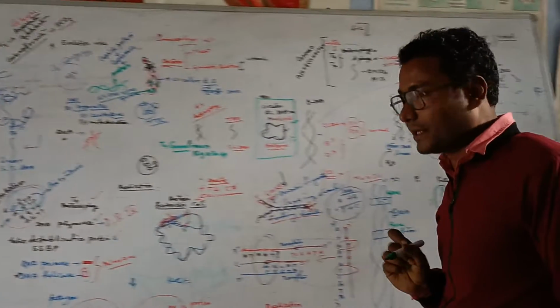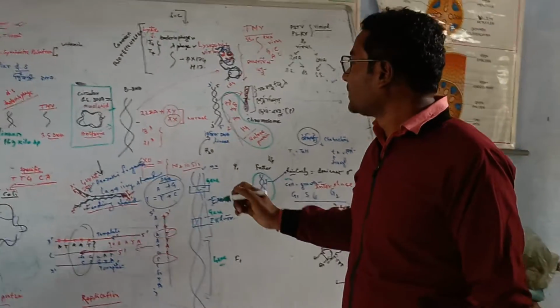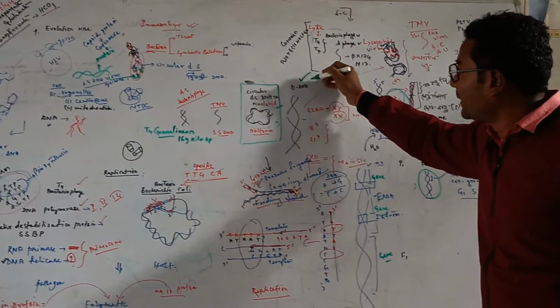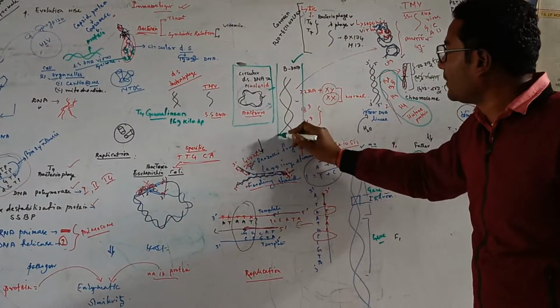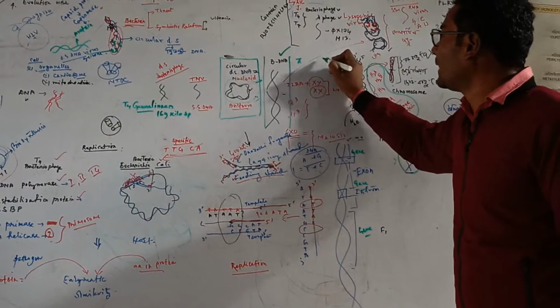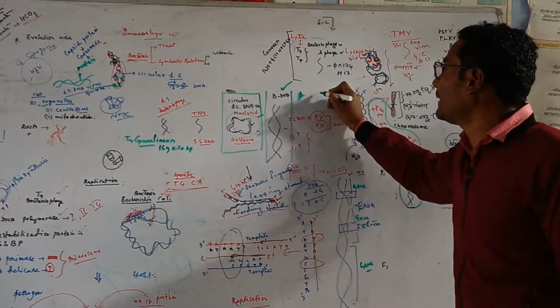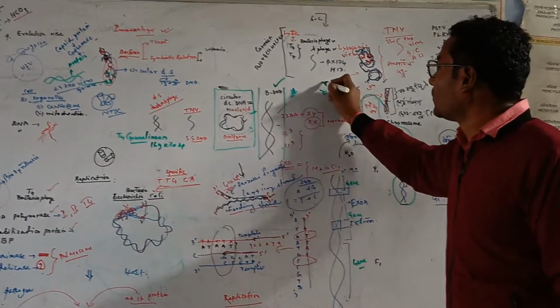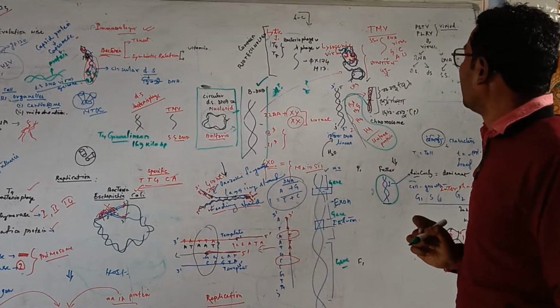Again, in eukaryotic human or any organism there are B-DNA, A-DNA and Z-DNA. We will discuss this later.